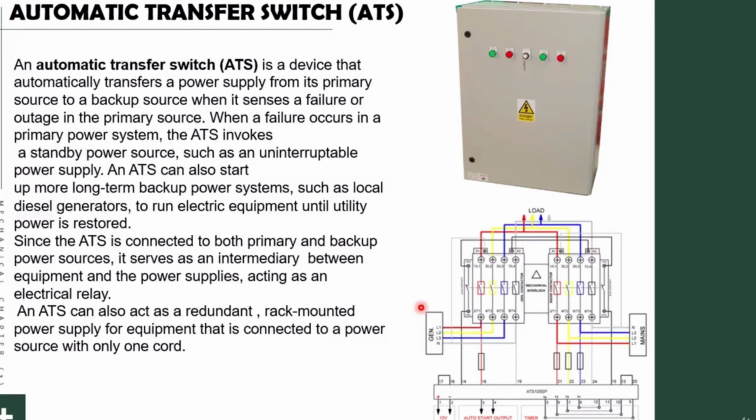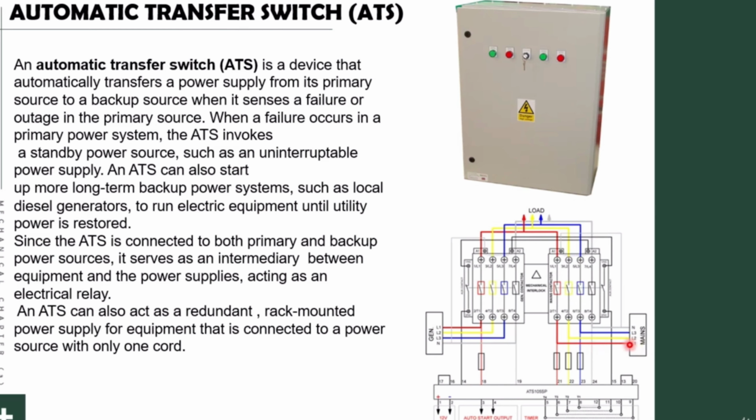And here also this is the automatic transfer switch, in short ATS. An automatic transfer switch (ATS) is defined as automatically transferring a power supply from a primary source to a backup source. For example, if we have a generator, this is a circuit for an ATS, and if we have a generator and mains, in the ATS panel we have 2 contactors and sensors.